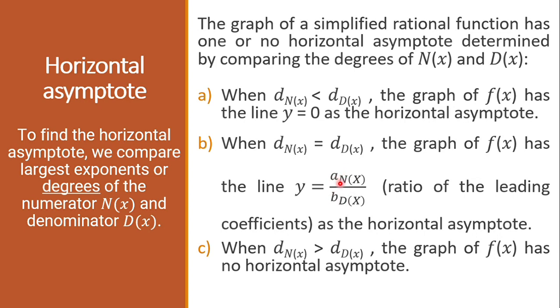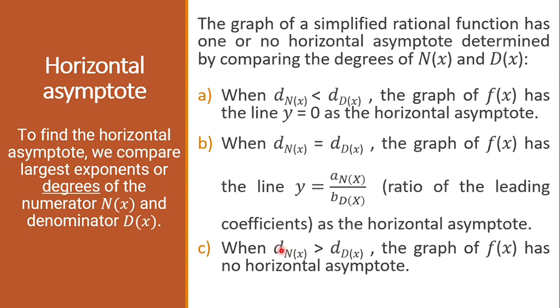So a refers to the leading coefficient, which is also the coefficient for the term that has the largest exponent in your numerator. And b is also the coefficient for the term that has the largest exponent in the expression of your denominator. So using this formula here, you can find your horizontal asymptote.